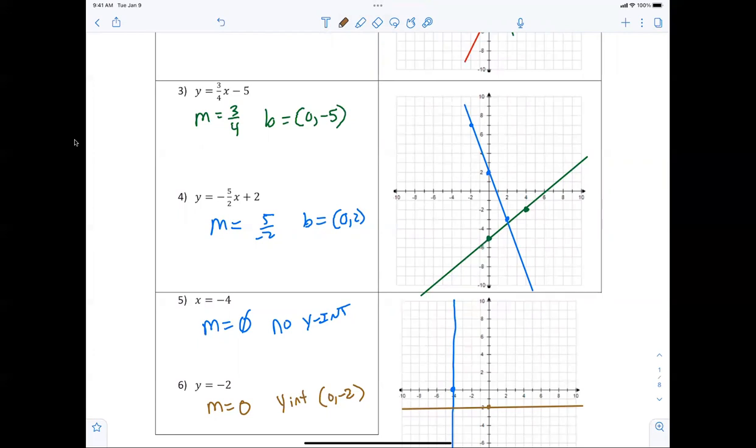See if it looks like it's the same. So everybody type in y equals 3 divided by 4x minus 5, and go under y2 and type in -5 divided by 2x plus 2, and then hit graph. I'm trying to show you that it can graph multiple lines. It can graph lots of lines.